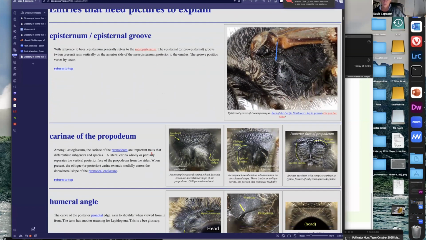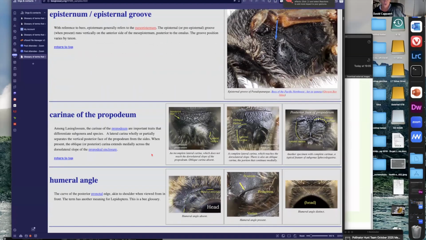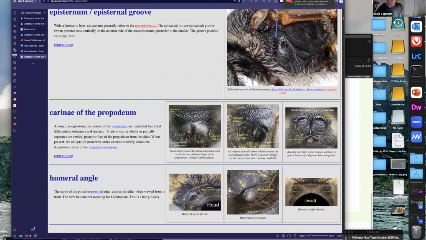Another one that needs pictures to explain for sure is when you talk about carinae, which are ridges of the propodeum, and it comes up for a lot of different taxa, but I noticed it particularly for Lasioglossum.